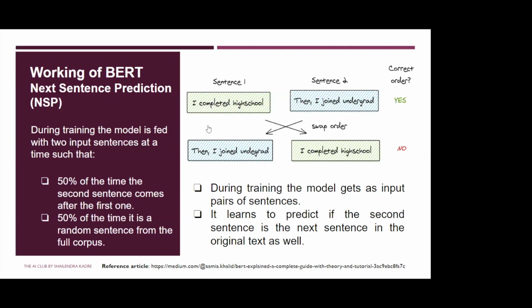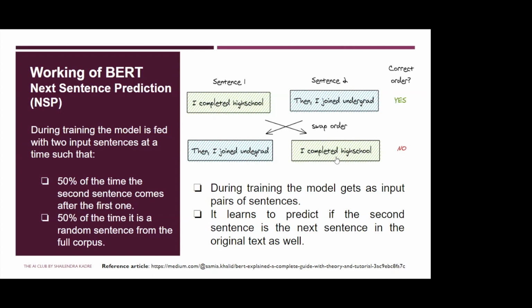I completed high school, and then I joined undergrad. So this makes sense, right? You complete high school, then you join an undergrad course. Is that the correct order? Yes. Then it will create a training scenario where: then I joined undergrad, I completed high school. That is not the correct order.